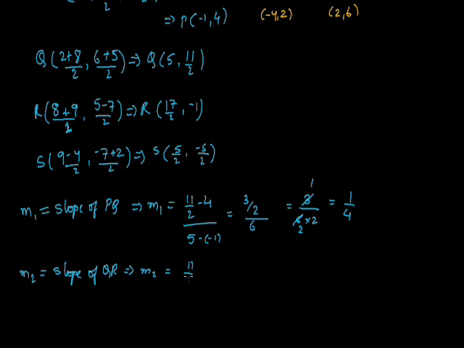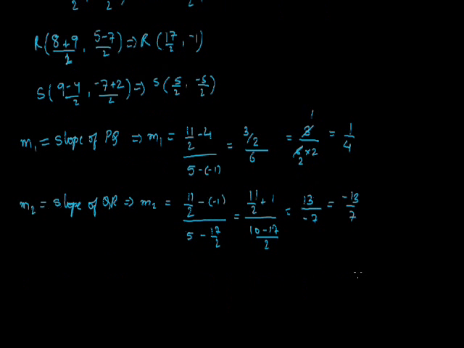Over here I'll take 11/2 minus y1, so this is equal to (11/2 + 1) upon (10 - 17/2). So this is equal to 13 upon -7, which is -13/17.